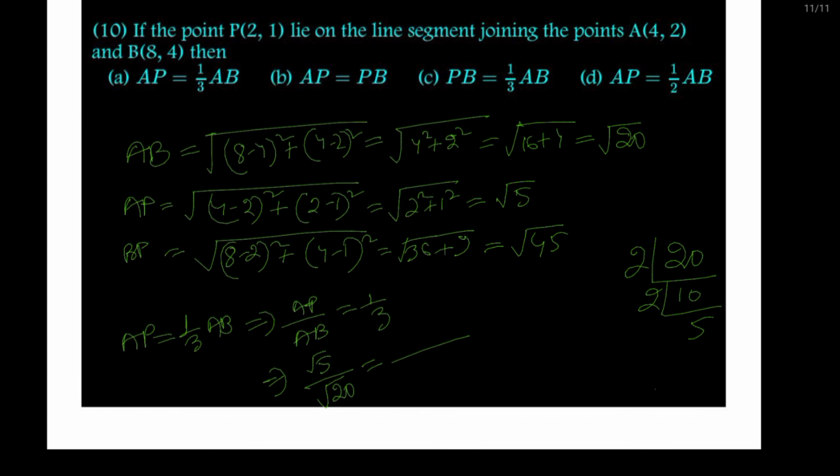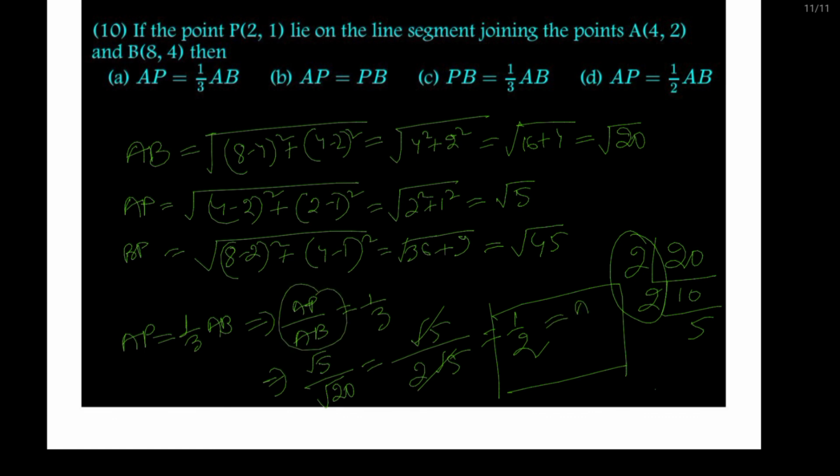So it will be 2 root 5, and here will be root 5, and root 5 will get cancelled. So this value will be 1 by 2. And now if we equate this to the given value, AP by AB is not equal to 1 by 3. So this will not be the answer for us. Let's move on to the next option.